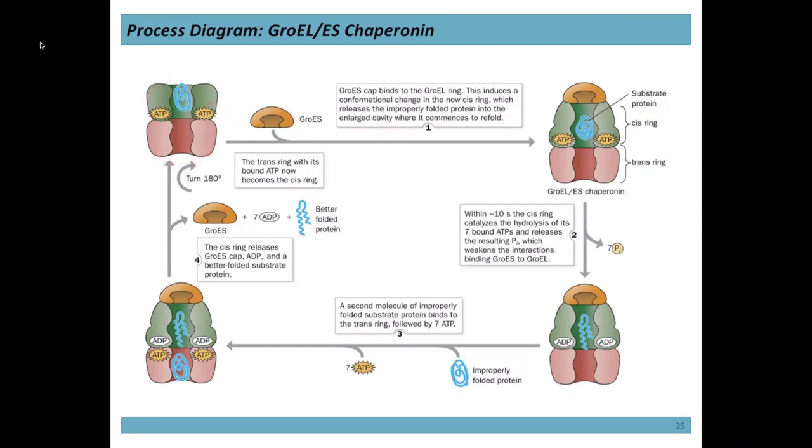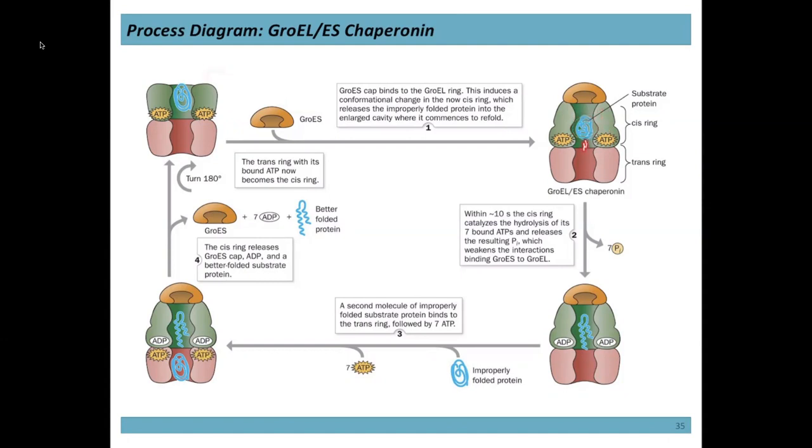An unfolded protein finds its way into the interior. There are 7 subunits around the top ring and 7 around the bottom. In this case, you'll bind 7 ATPs, and then you get this GroES cap that fits on top. When it fits on top, it causes a conformational change and actually opens up this interior right here.